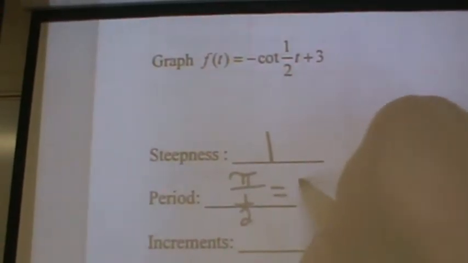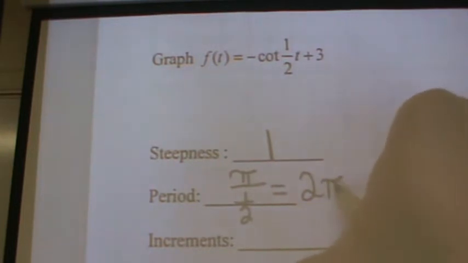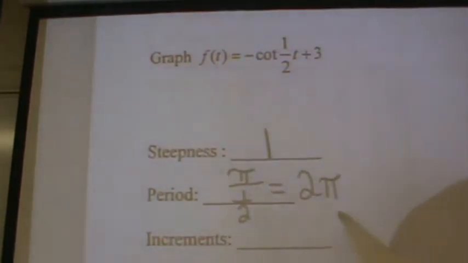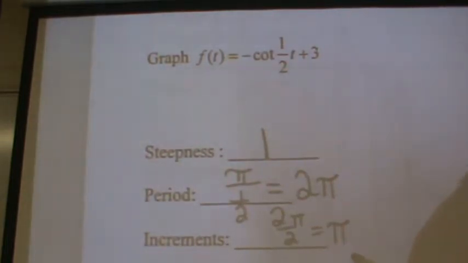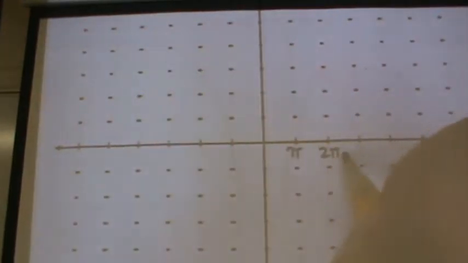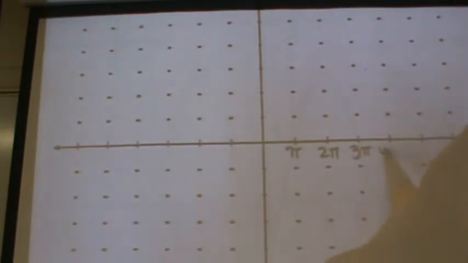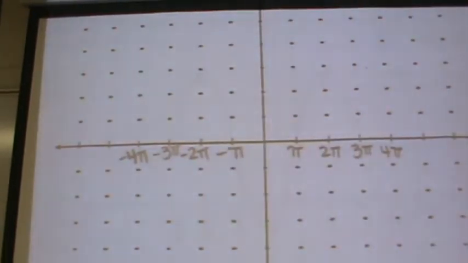What's pi over 1/2? 2 pi. Now cut this in 2. What's 2 pi over 2? Pi. So we're gonna count by pi's. So this is 1 pi, 2 pi, 3 pi, 4 pi, -1 pi, -2 pi, -3 pi. I have way more than I need.